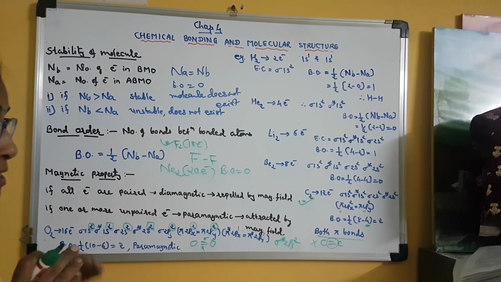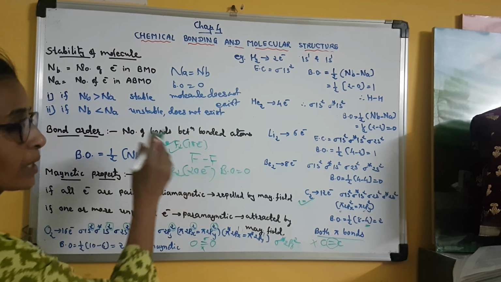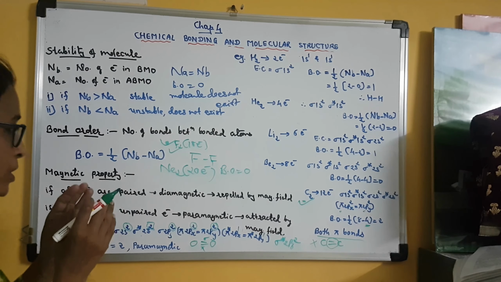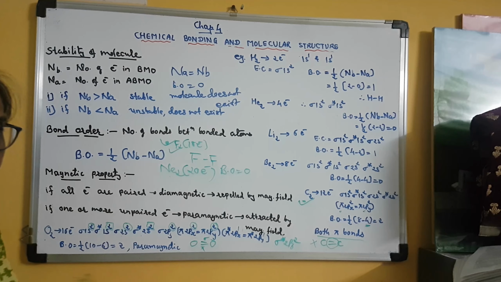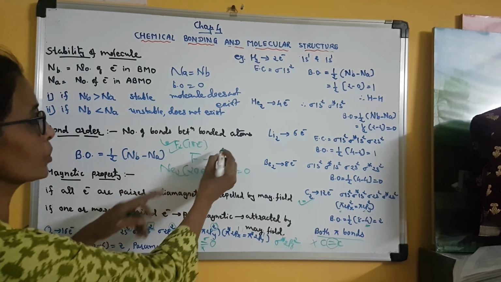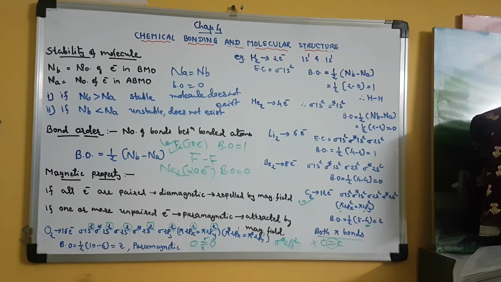You can check it. This can be considered as your practice work or homework. You will write the molecular electron configuration of F2 and Ne2, and calculate the bond order on your own. For F2 the bond order will be 1, and for Ne2 the bond order will be 0. So Ne2 also does not exist.